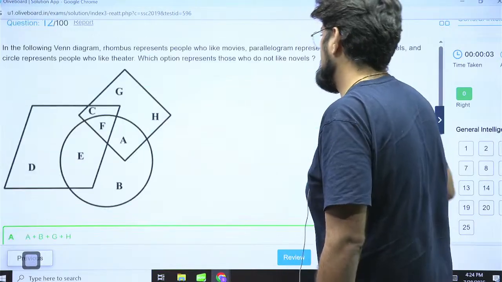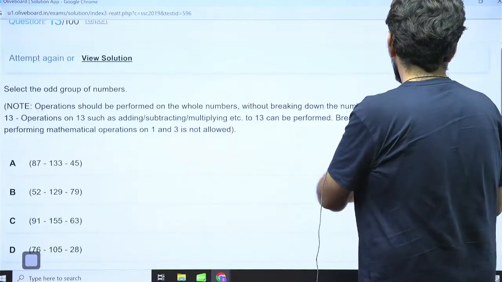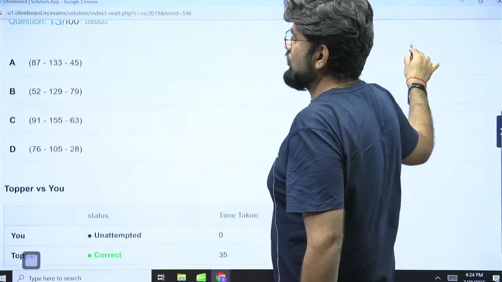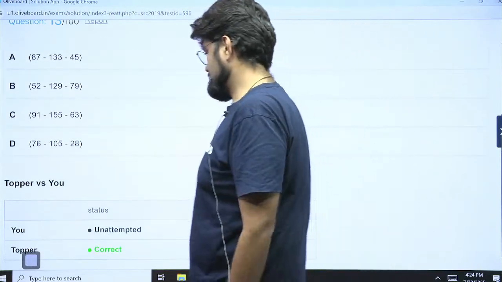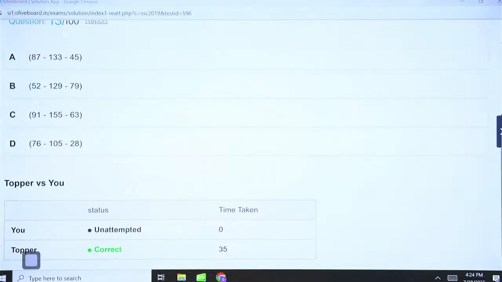This is pretty simple. 38 seconds is too much, guys. Odd group of numbers. What is the odd group of numbers here? Simple.